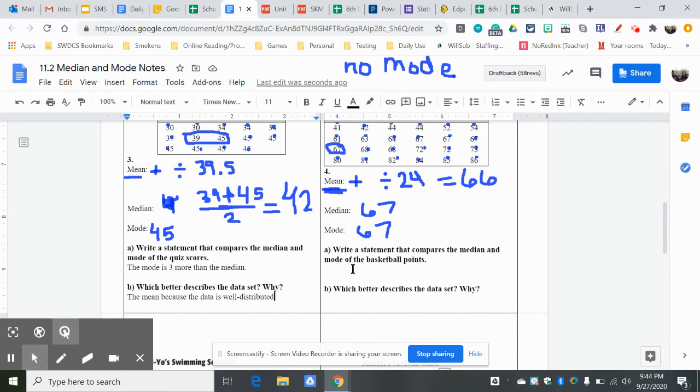Okay, if I say write a statement that compares the median and the mode, on this they're both 67. The median and mode are the same. Okay, they're the same. If I would ask which better describes the data set here between mode, median, and mean, my answer would be any, let me take the cap off here so you can see it.